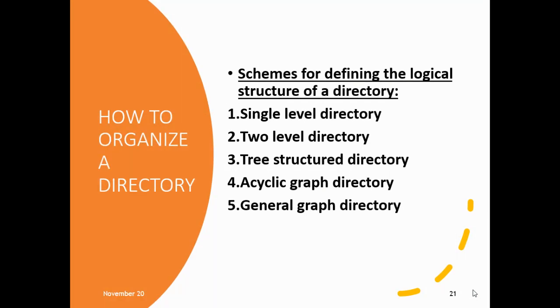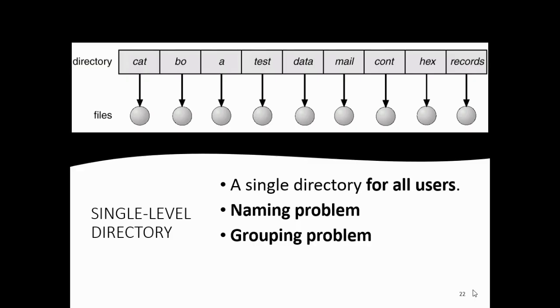Basically, the single level directory is from the olden days of operating systems and is not much used these days in the new operating systems. But let's go into detail about each directory level.